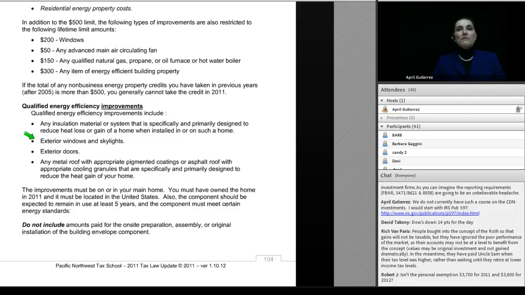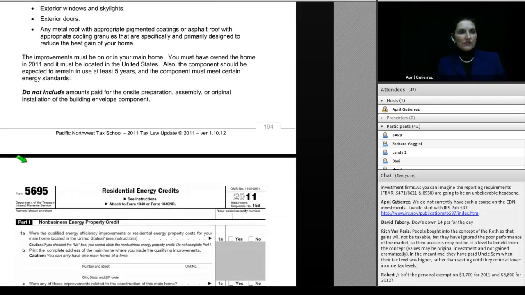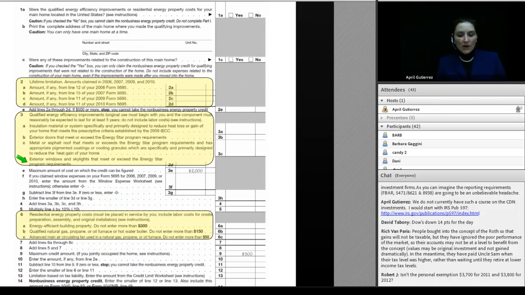And you're not allowed a credit for any portion of the cost of the labor, only the actual cost of the insulation itself, which is actually not a big number. So when you're dealing with any of these items, insulation, windows, exterior doors, or new roof on your house, you get the cost of the item only, not any cost associated with installing it.